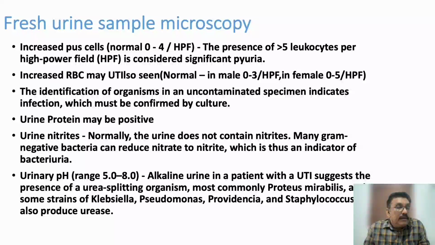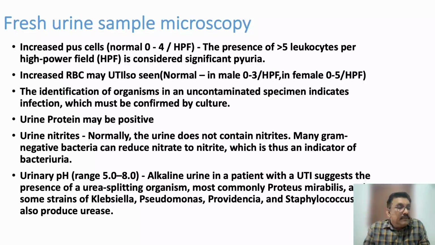Without urinary tract infection, if pus cells are seen, especially in elderly female patients, you should think that this can be only a shedding of the normal epithelium there. This can be mistaken as pus cells in routine lab investigation. So if the patient is symptomatic or immunocompromised, and there is a large number of pus cells in the urine, then you have to consider the diagnosis of urinary tract infection.